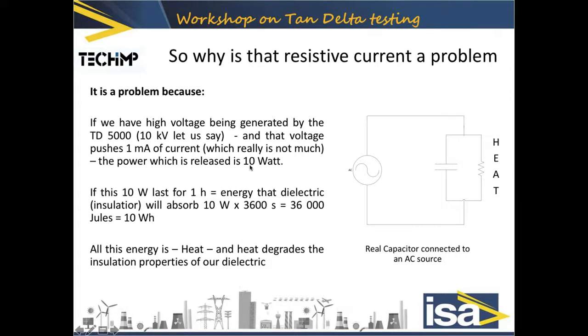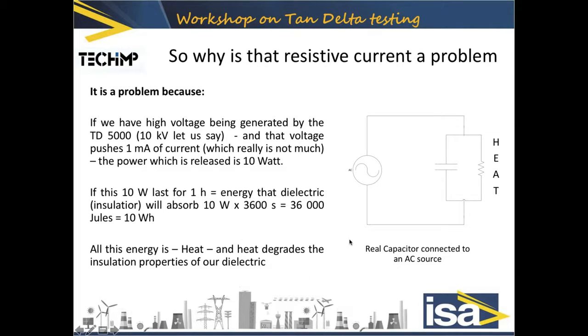If we multiply power with time, we get energy. So in 1 hour, we are going to lose 3,600 joules or 10 watt hours in this insulator which has only 1 milliamp running through it. This is important because all this energy turns into heat, and heat degrades the insulating properties of our dielectric.